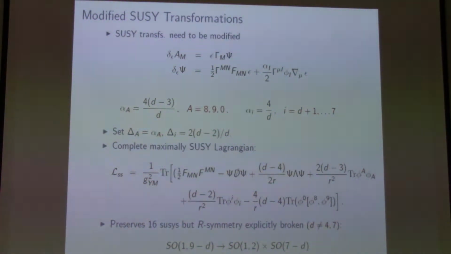For example, in the 7-dimensional case, you have an SO(8) rotational symmetry on the 7-sphere, and you have an SO(1,2) for the R symmetry parts, and you know that there's a superalgebra OSp(8|2) that has 16 supersymmetries. That's assuming it's compact, but this is the non-compact version, for example.